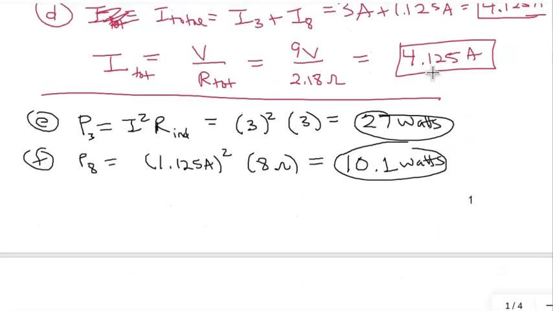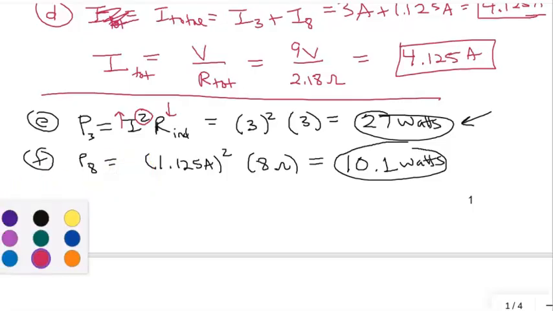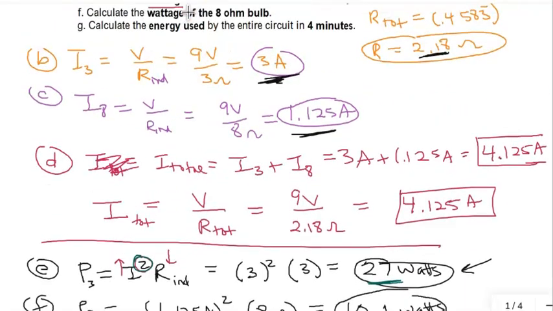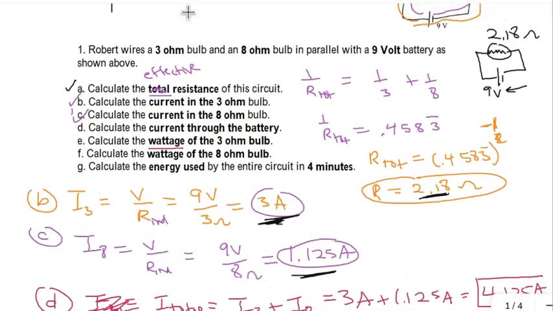But here you can see that the 3 ohm bulb is brighter because it has more current and the current is squared. So even though it has less resistance, it has proportionally more current, and that's going to be squared. Okay, so you can always check your work with the formula, but that's the logic behind it. Okay, so we found the 2 wattages.